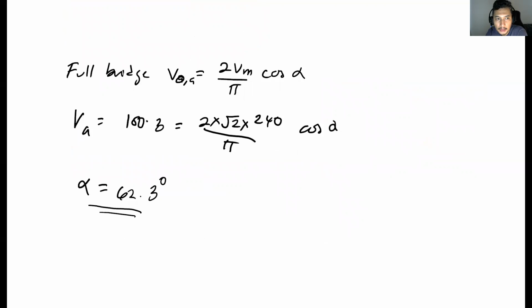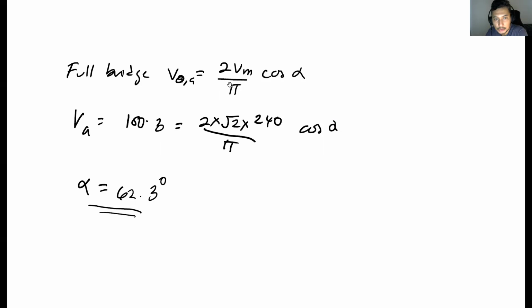The circuit used is actually a full bridge converter. It's not a three-phase, it's just a single phase full wave. So the average output voltage for the full wave must be this one, 2 Vm over pi cos alpha.